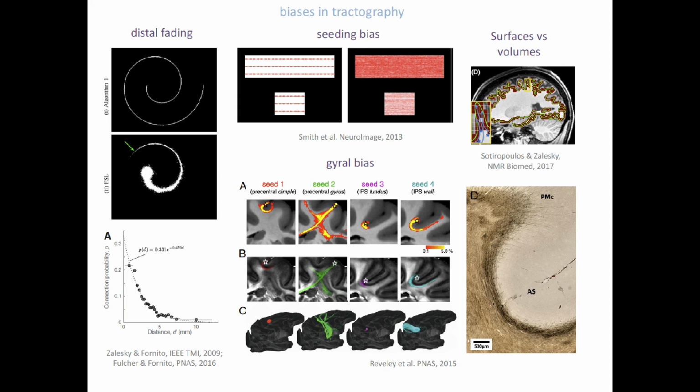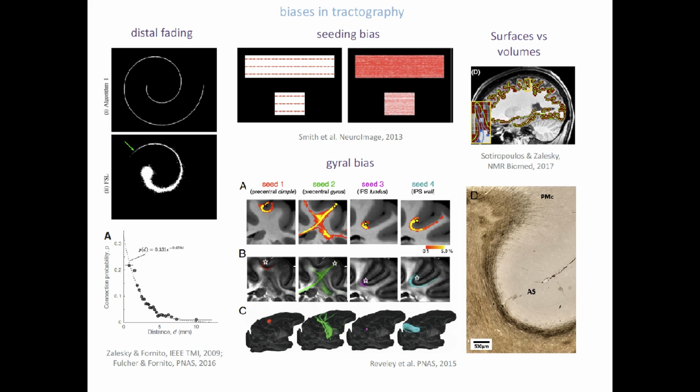You're trying to propagate a streamline, and you've got all these fibers going the opposite direction, and the algorithms normally terminate. So you can see here that if you seed up in the crown of the gyrus, you can find a white matter pathway that goes right into the white matter, but down at the fundus, the tracks get stuck right there.